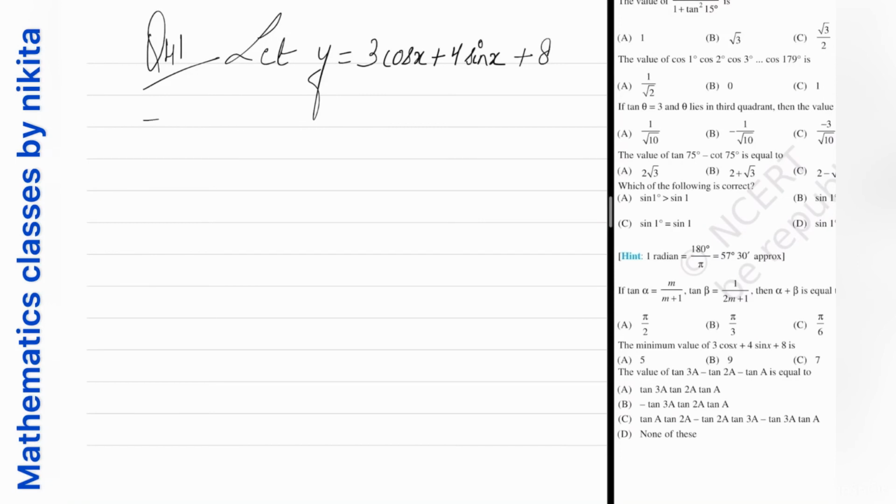Okay, so this implies, now there are various methods to find the minimum value of this expression. So I am doing one of the easiest method. So what I will do is I will multiply and I will divide by 5. So I can write this as 5 multiplied by 3 by 5 cos x plus 4 by 5 sin x plus 8 by 5.